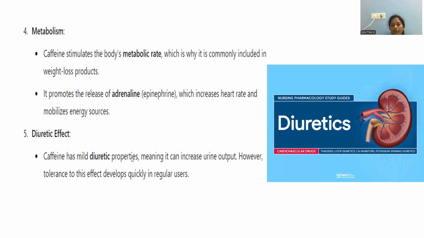A proper secretion of urine and proper filtration are carried out naturally by the kidneys and the entire nephron system, right? However, tolerance to this effect develops quickly in regular users, right?